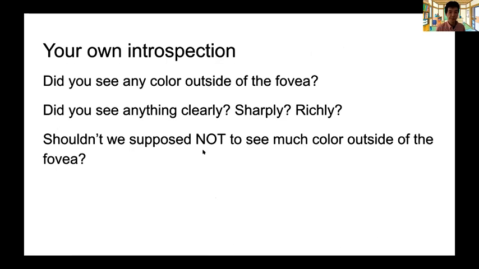If you saw anything clearly, sharply, richly, that's interesting, because color vision is supposedly supported by the cones, which decrease quite a bit. How rich and how sharp is it actually, compared to the expected level of decay of the cone density? That's the question.